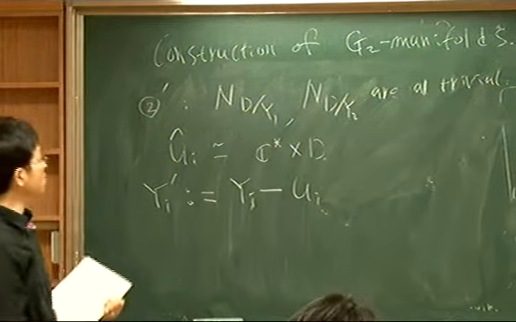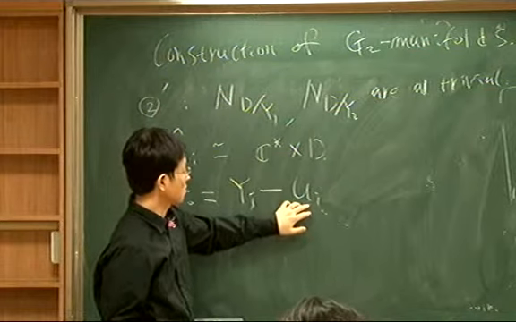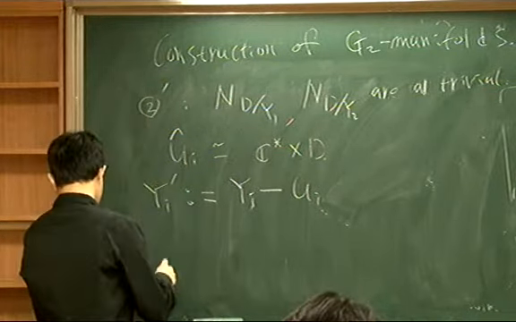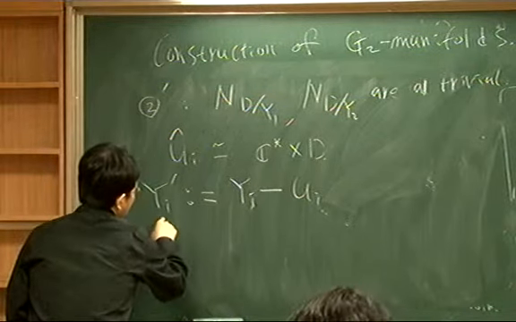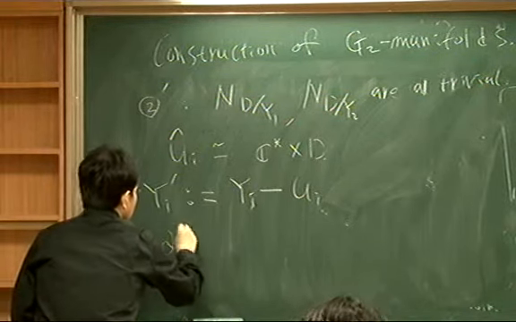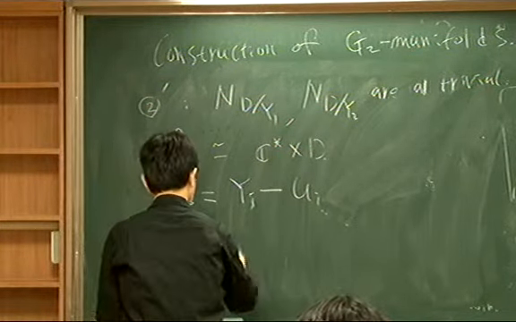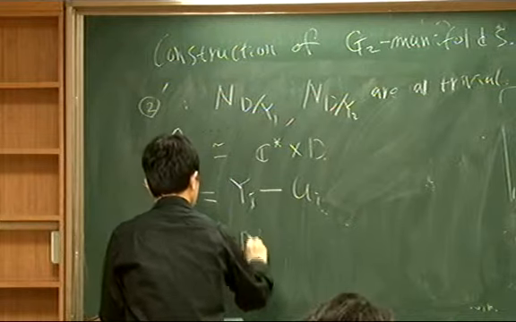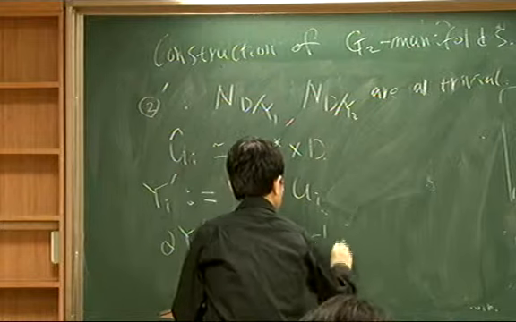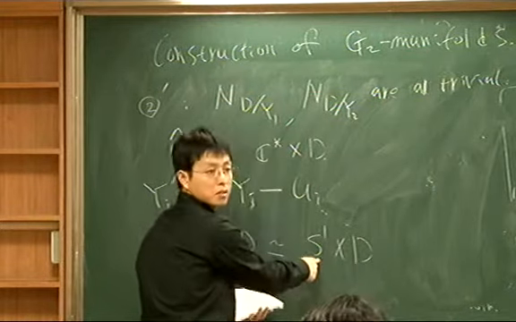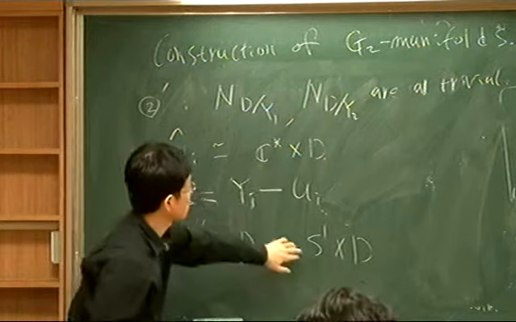This is the neighborhood of D, and if you choose Ui in some specific way, then you can see this one. So now this is a manifold with boundary. Let's say the boundary is B. This is homeomorphic to S1 times D. S1 is a circle, a real circle.